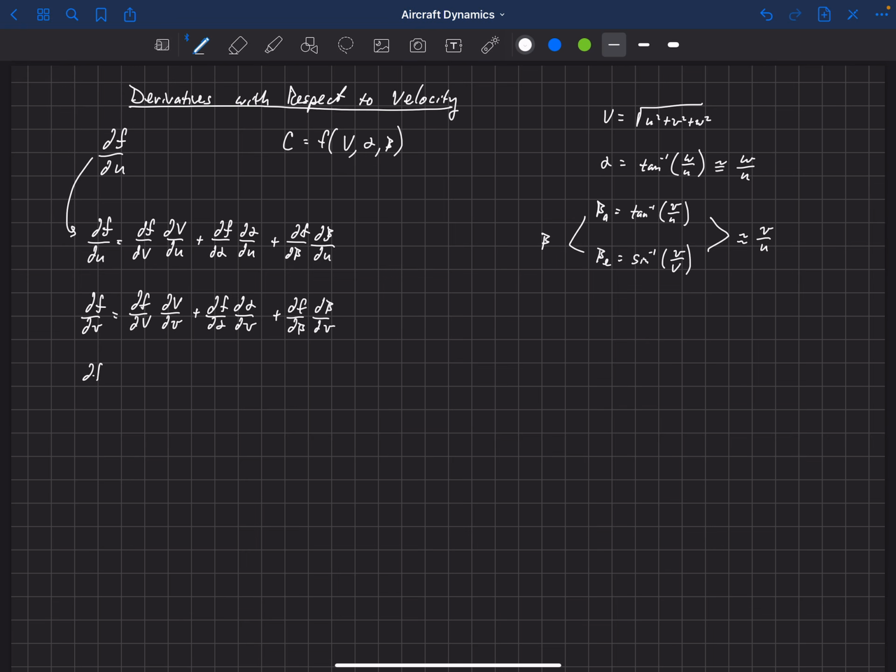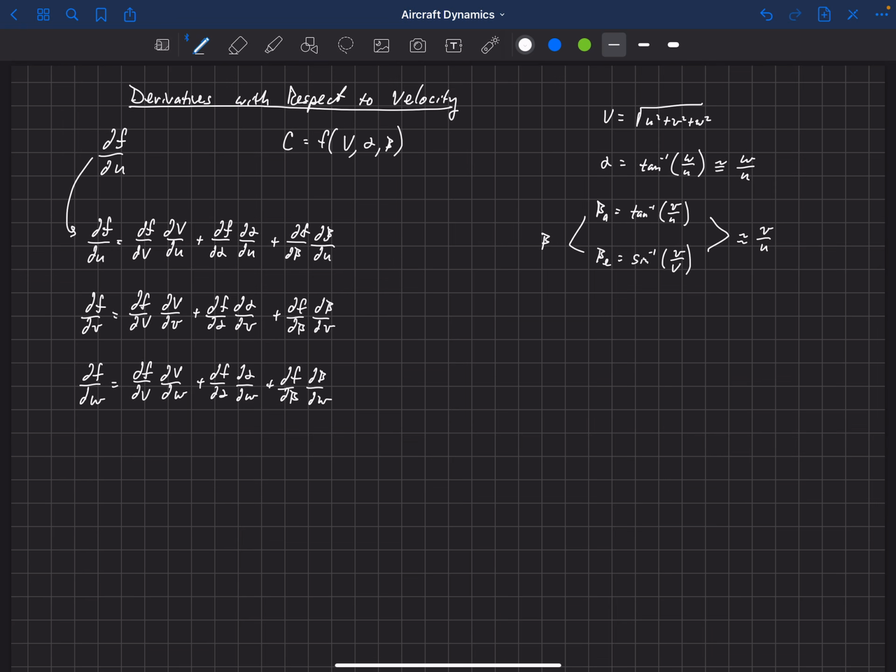And then the same with the partial with respect to w, and that's the partial of f with respect to capital V, dV/dw, plus df/d alpha times d alpha/dw, plus df/d beta times d beta/dw.